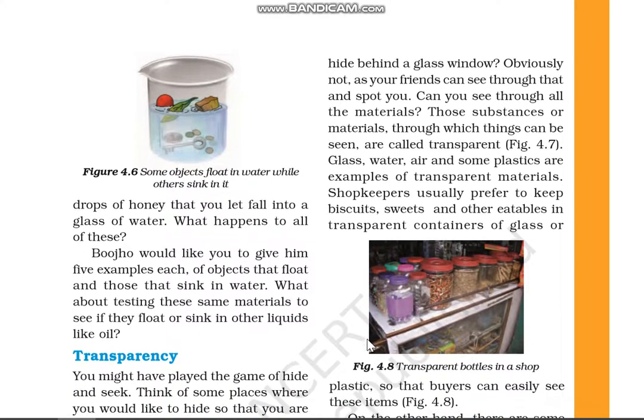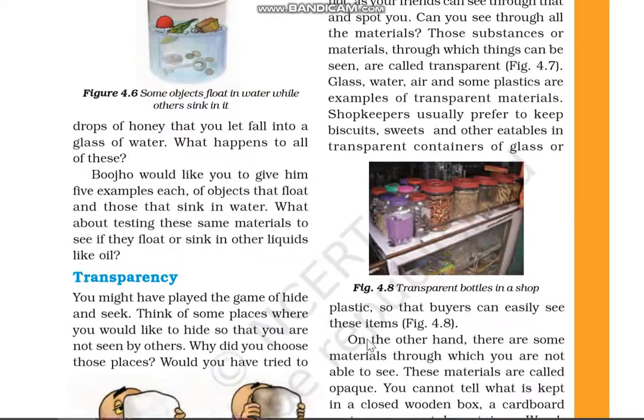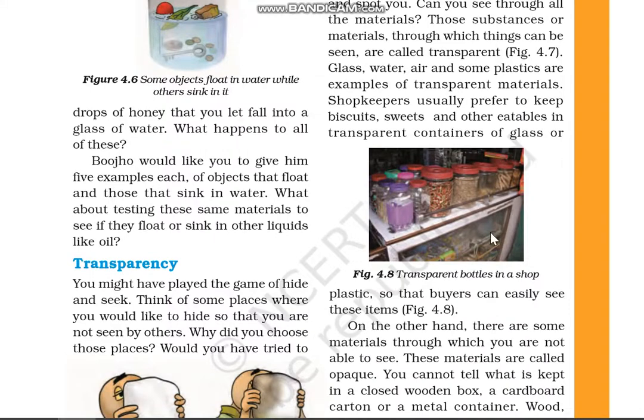They are examples of transparent materials. You can see that these are transparent bottles used by shopkeepers, so they can easily see the objects present in these containers. They are transparent substances.